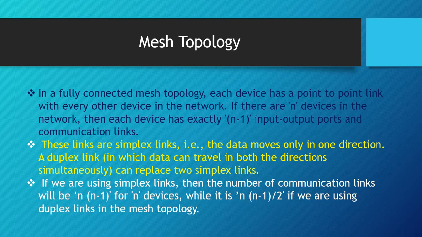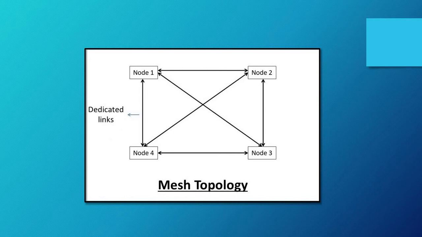If we are using simplex links, then the number of communication links will be n minus 1 for n devices. And for duplex, n minus 1 divided by 2 in that mesh topology. This is a simple diagram through which you will get the idea about mesh topology.